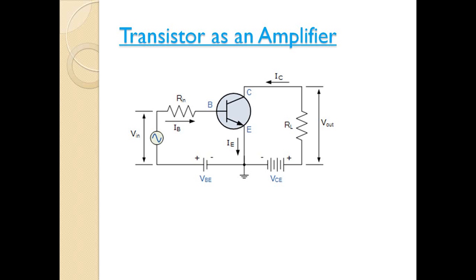Under these circumstances the amplification is the output by input, so delta V naught by delta Vi is alpha dash RL by RE dash. From the above discussion, it is clear that the dynamic resistance of the emitter junction is defined as Vt by IE.